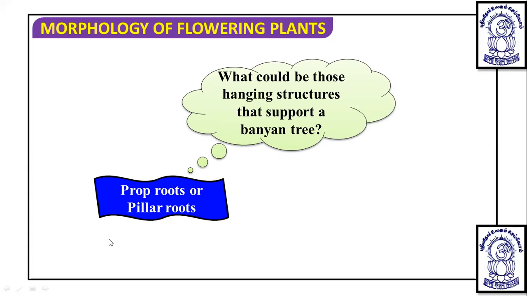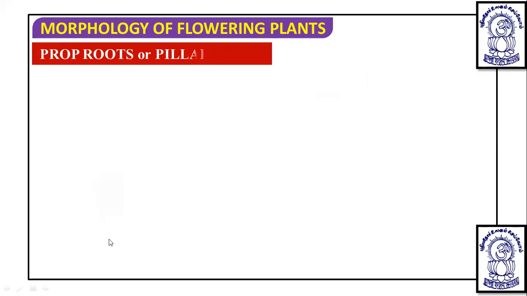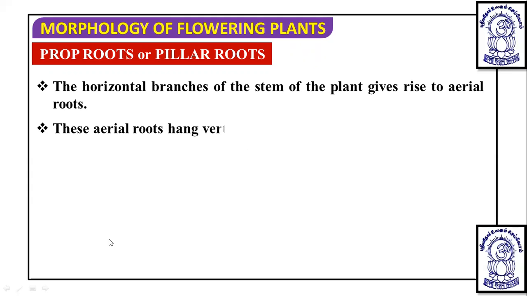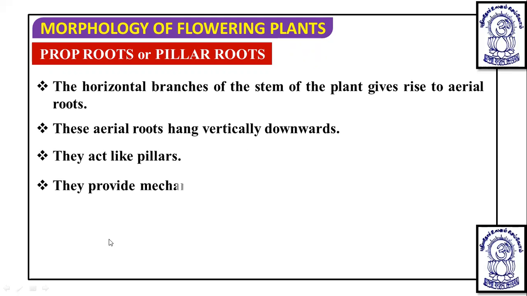Let's understand what prop root and pillar root are. The horizontal branches of the stem of the plant give rise to aerial roots. Actually, these are adventitious roots and they arise from the horizontal branches of the stem above the ground. This aerial root grows vertically downward and acts like a pillar.